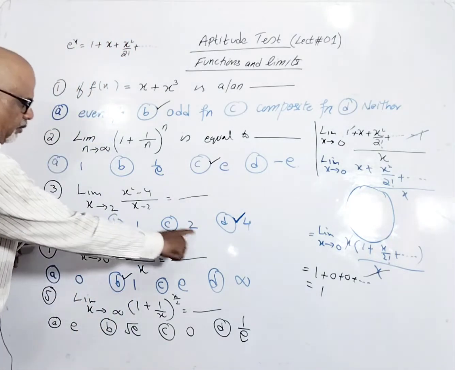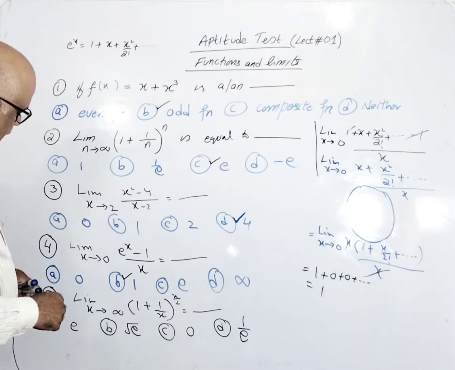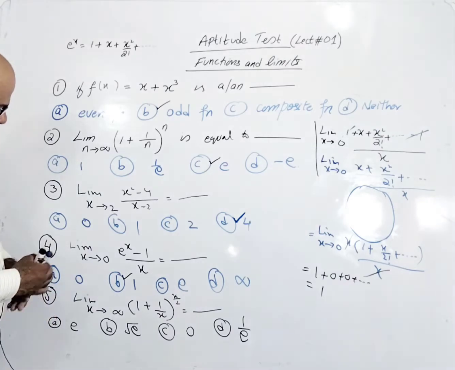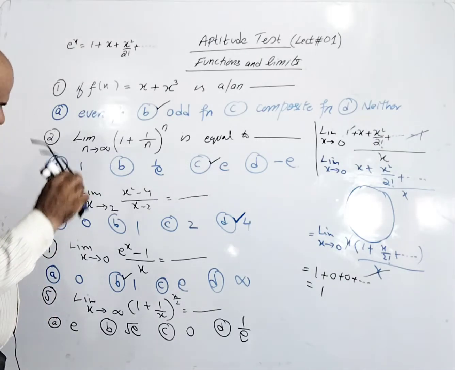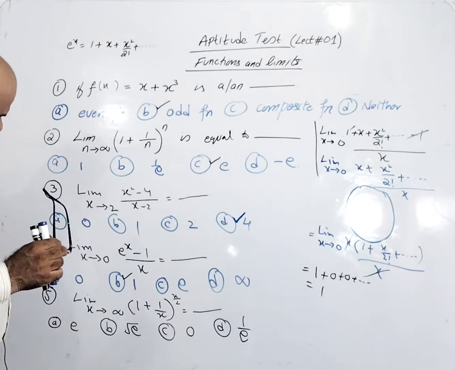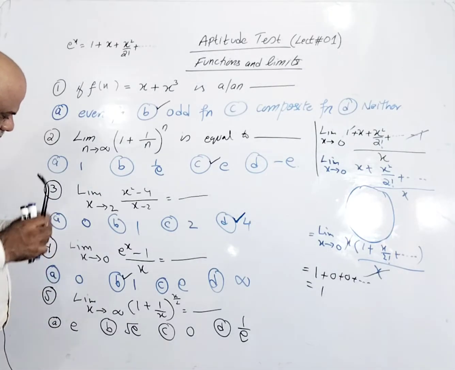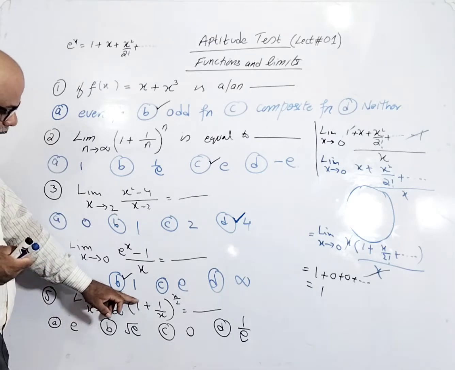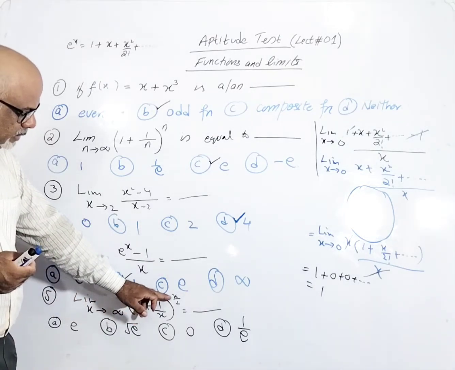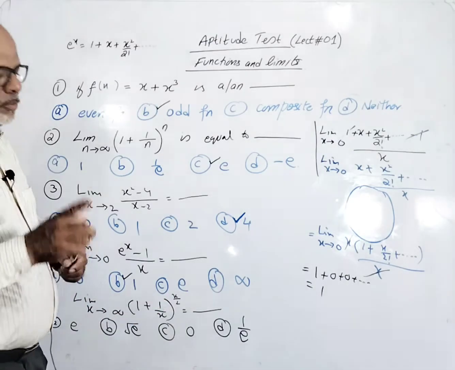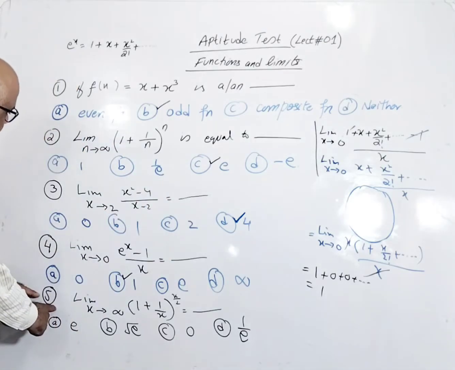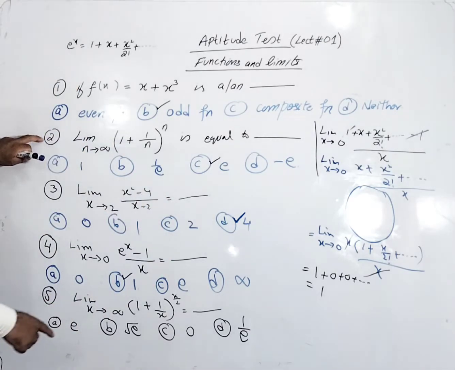That was the most important MCQ, dear students. Now come to the fifth MCQ, that is limit x tends to infinity, 1 plus 1 upon x whole power x upon 2. Compare this MCQ with MCQ number 2.